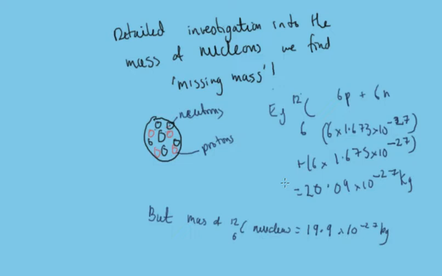It makes no logical sense. However, remember, E equals mc squared. What happens is this missing mass, we call it the mass deficit.